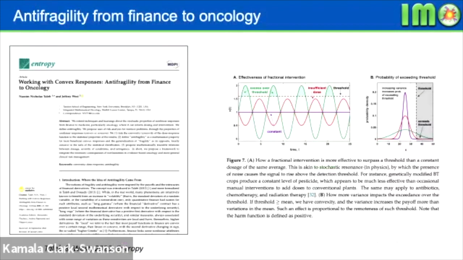So just to summarize this, I had the opportunity to write a paper with Talib following up on some of these ideas, and he is really interested in the financial applications of variability, but this concept I think really applies to biology in general, especially when looking at any threshold effects.